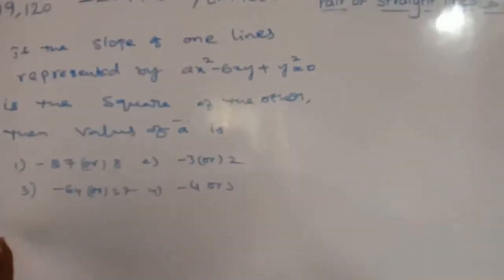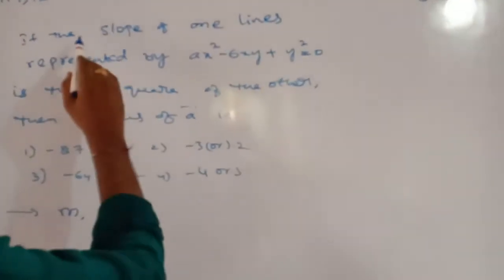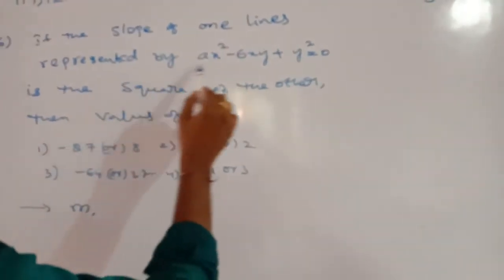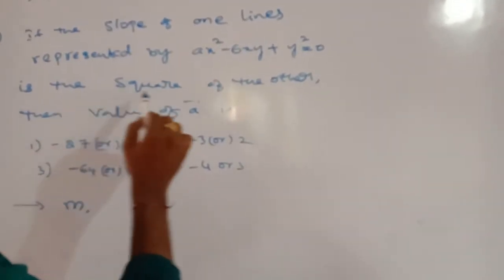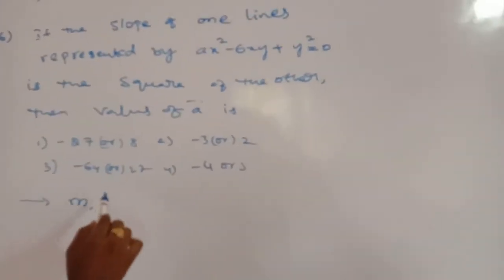Now, the slope of one line is m. The slope of one line represented by the pair of lines is the square of the other line's slope.